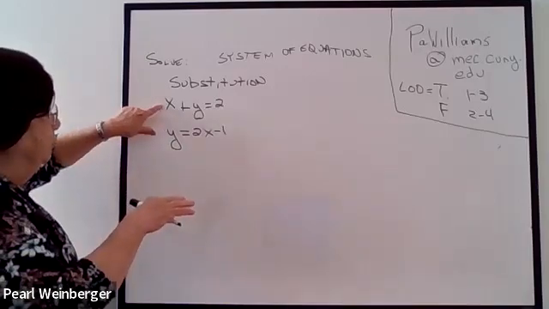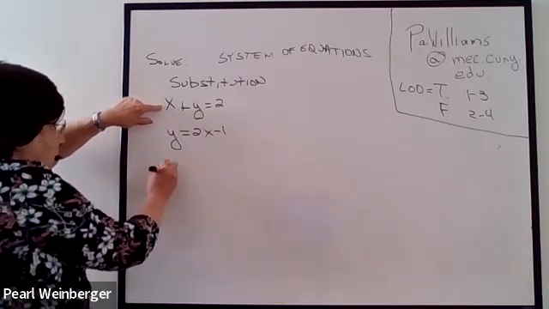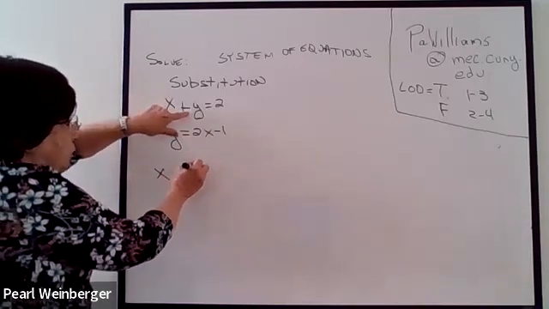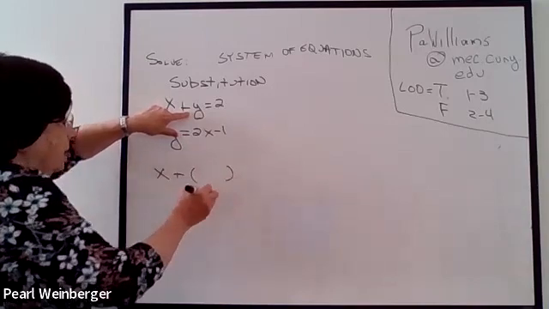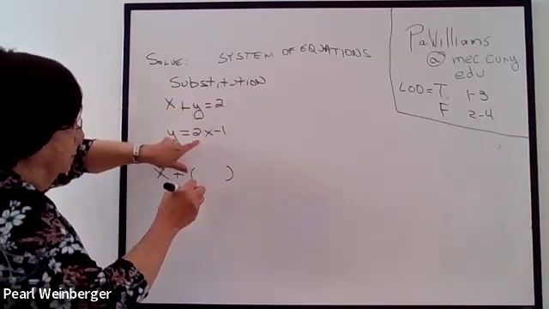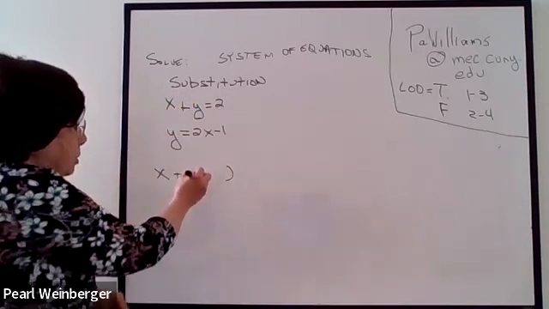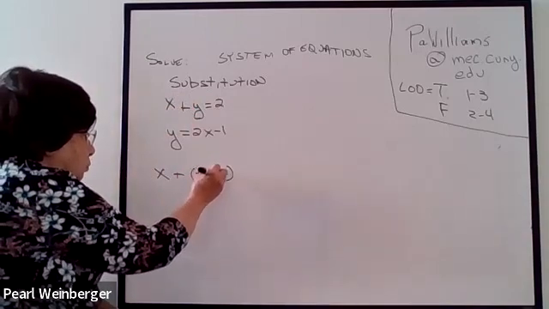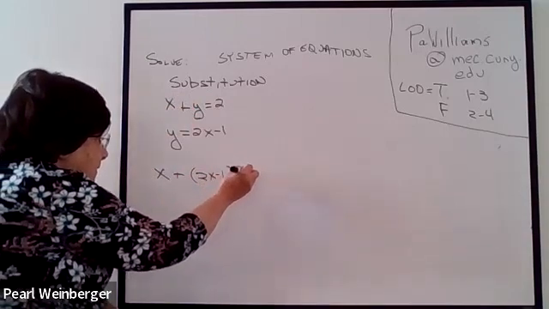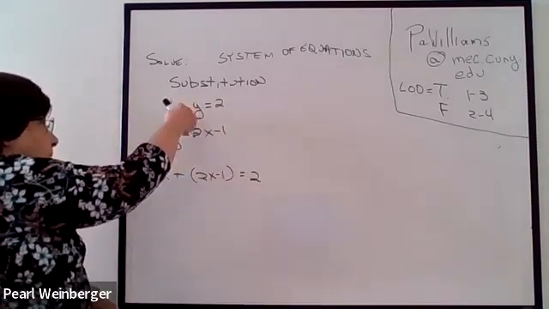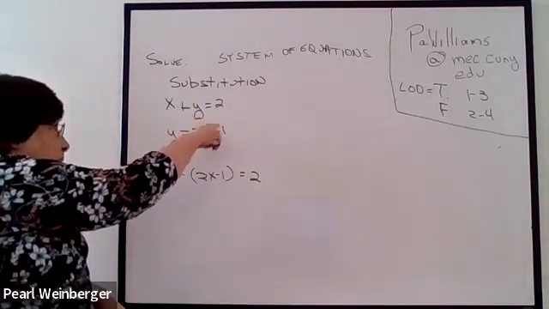So if I go to my first equation and take, in place of the y, here's my y, in place of it I'm going to substitute 2x minus 1. All I've done is replace the y by its equivalent.